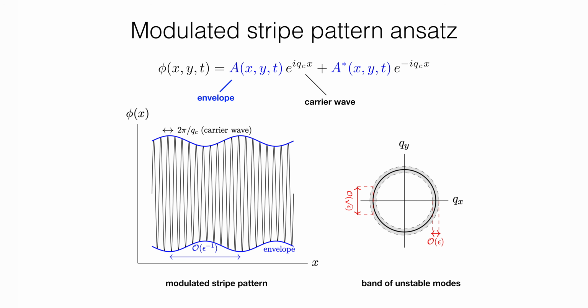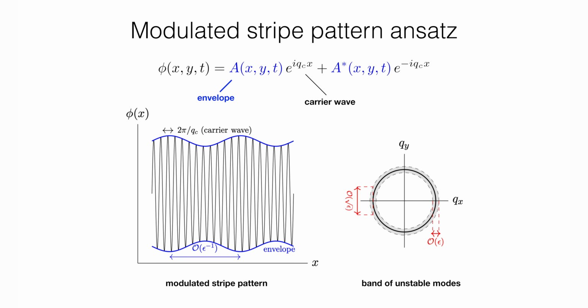Here you see again the scales. The wave vector qc that determines the instability in 2 dimensions is a ring. All these are the critical wave vectors. And now as you are a little bit above the bifurcation point, there's this gray band of unstable modes. And remember the scaling.